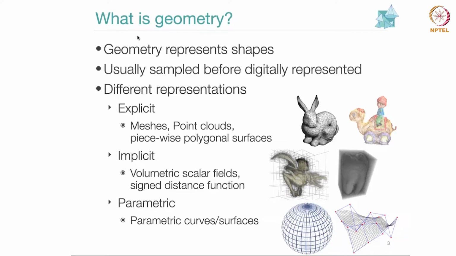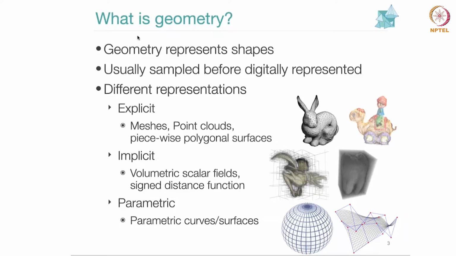Right. And then another quite important representation is called the parametric representation. I believe you have already had a session perhaps yesterday about parametric representation, where we use a curve or a surface with the help of parameters, right?